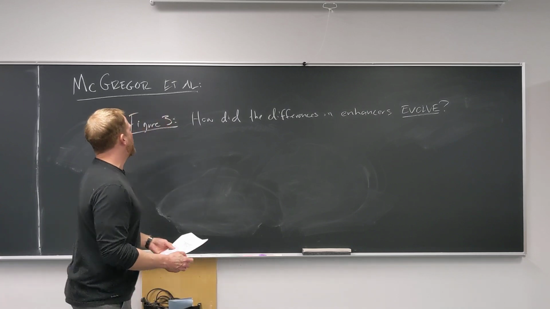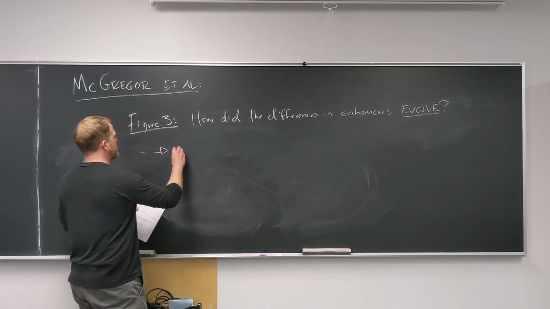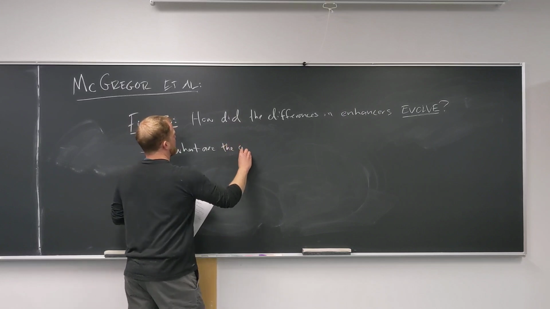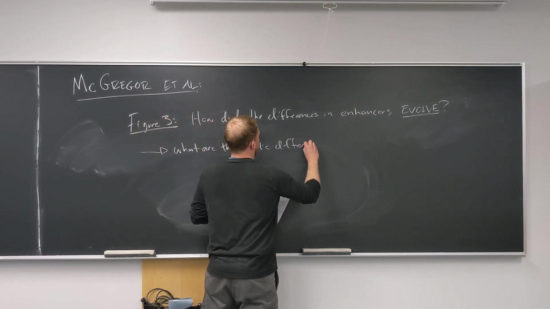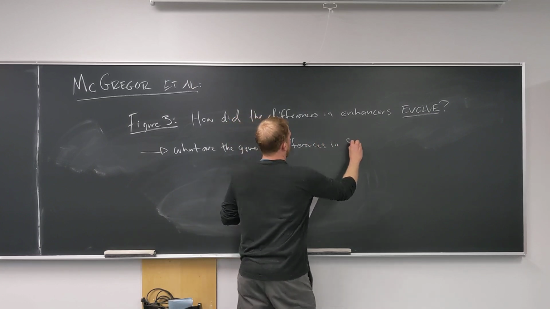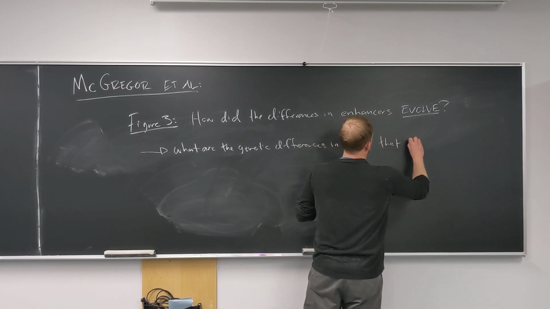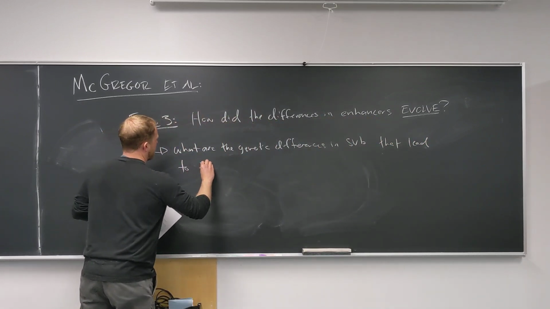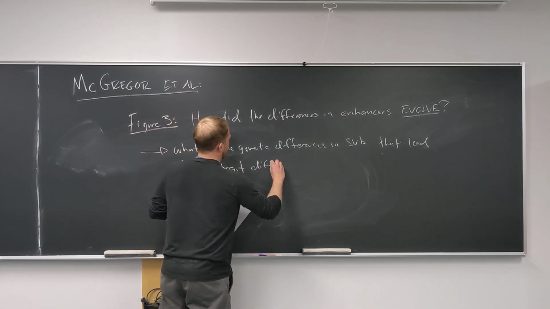So a more specific question underlying this one is, what are the genetic differences in shaven baby that lead to the trait difference?